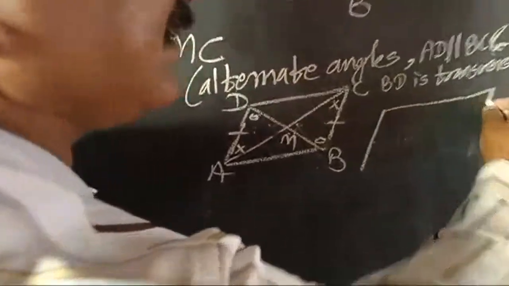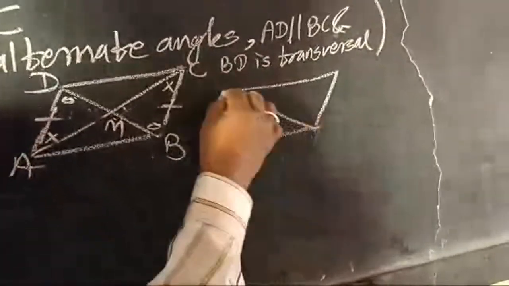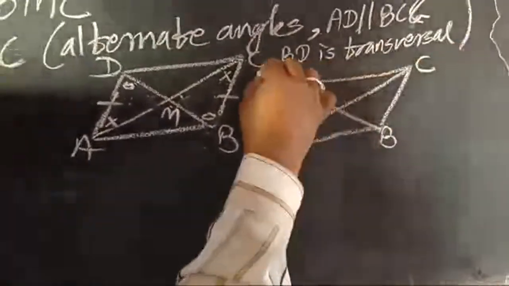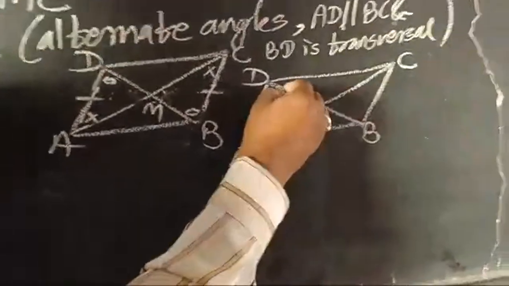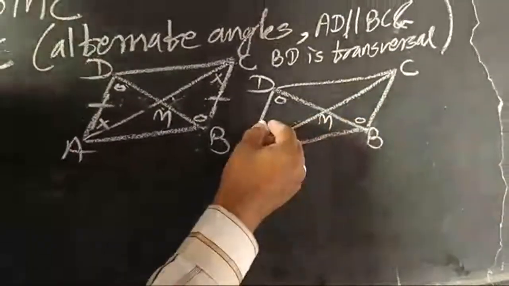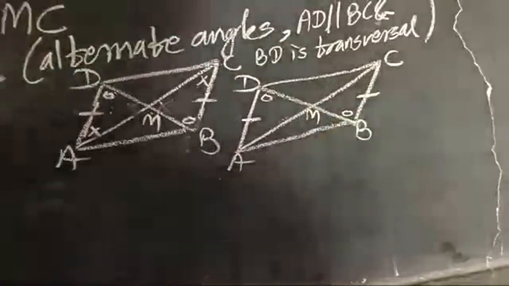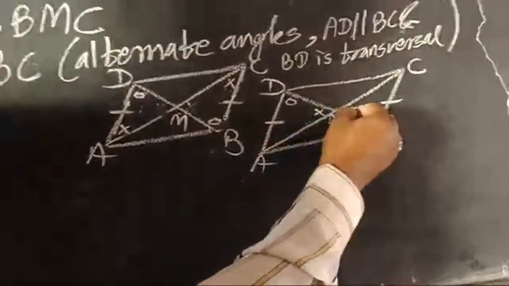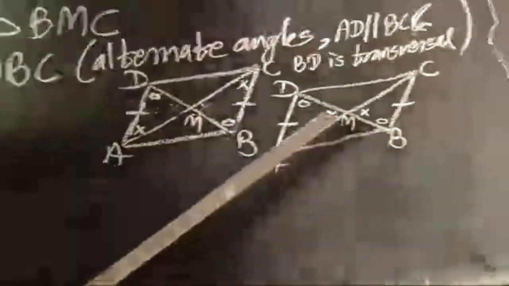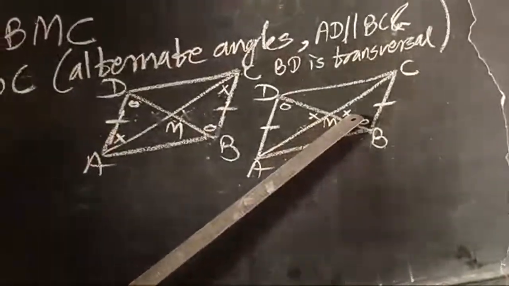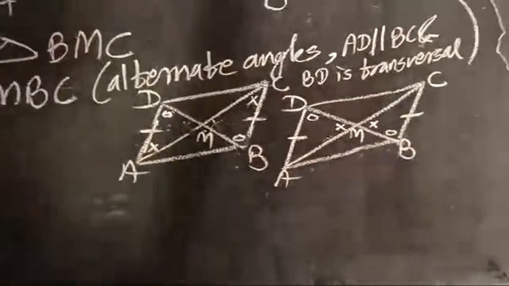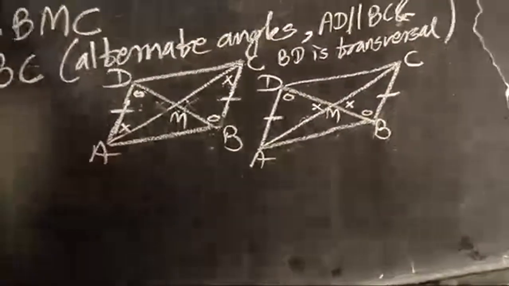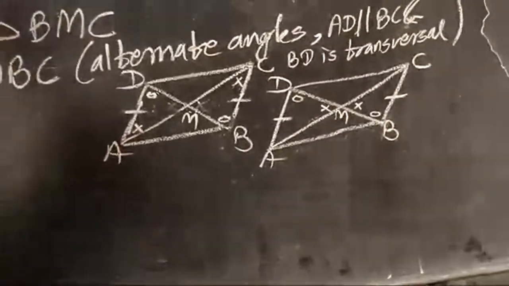Otherwise, one student says, another quadrilateral I draw here. First condition is this angle, then this side and this angle. One student says these angles are congruent, but that is correct. Why? Why are these angles congruent? Good.